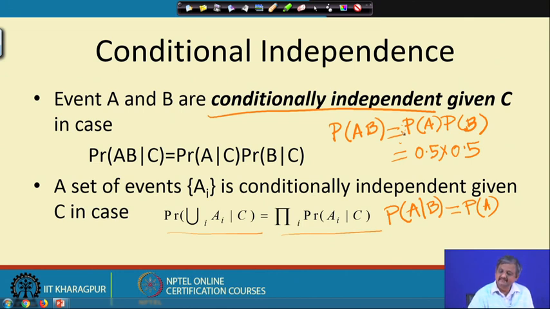One way of looking at this is that B gives no information about A. Knowing the value of B does not help me predict what A is. When I toss two coins, that is the case. The outcome of one coin does not help me predict the outcome of the other coin.